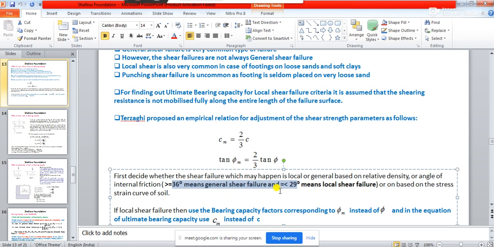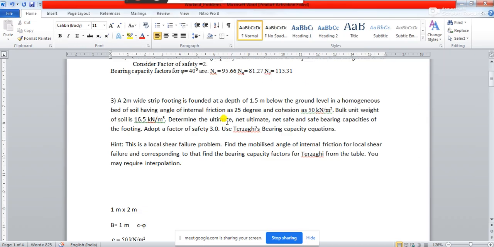In this problem the angle of internal friction is 25 degree, so the problem obviously becomes a problem of local shear failure. So when there is a local shear failure, what does the equation say?